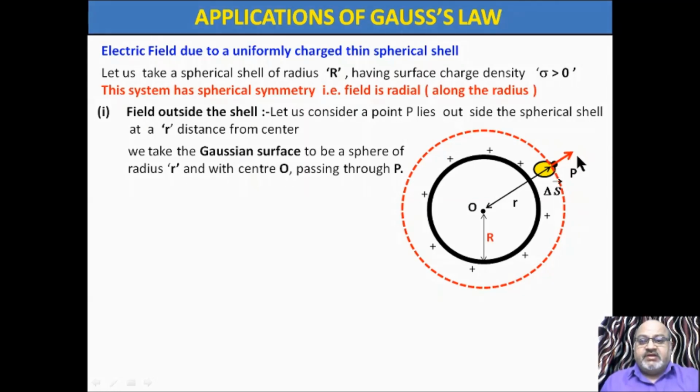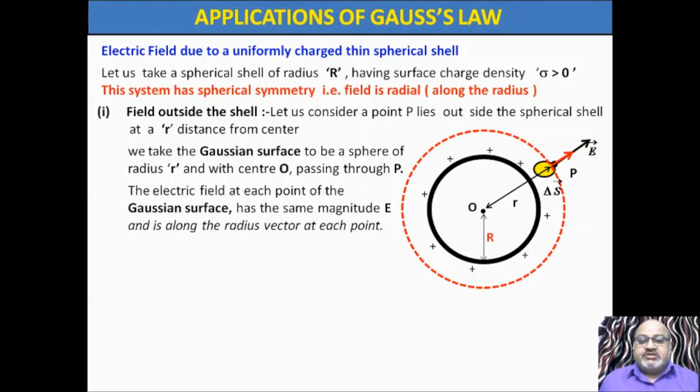This is the area vector, delta S. Further, direction of electric field is also perpendicular, because we know electric field lines originate perpendicularly. So this black arrow is for electric field intensity. This is also outward, because surface charge density is positive. Red one is the area vector, black arrow is the electric field intensity.